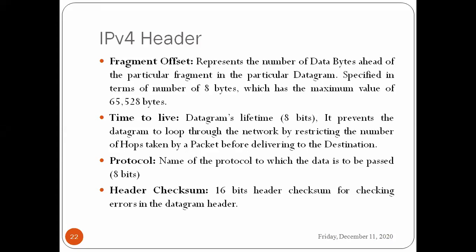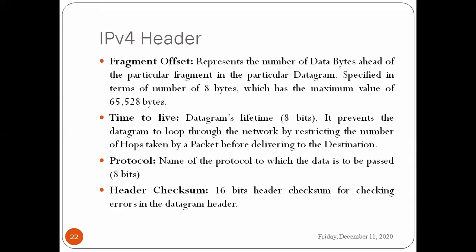Hops here we can take as nodes passed by the packet before reaching the destination, that is host to host communication. So how much time it has taken to be received by the destination, that information is going to be mentioned.